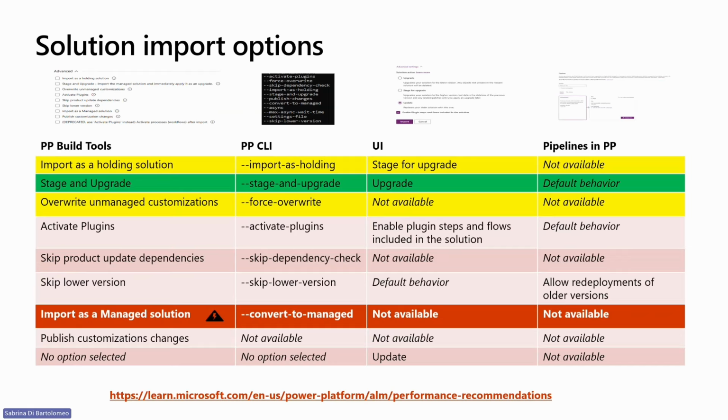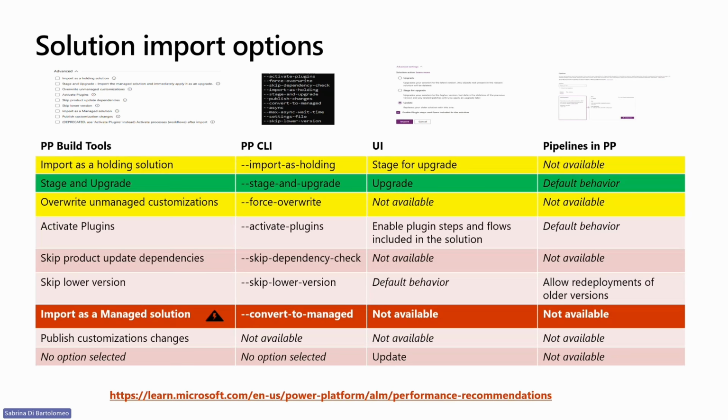The stage and upgrade should be used instead of the two-stage import as a holding solution. The stage and upgrade option refers to a single stage upgrade process. This method is faster and recommended as it supports performance improvement. It involves importing the solution and performing the upgrade in one step, which is more efficient and reduces downtime.